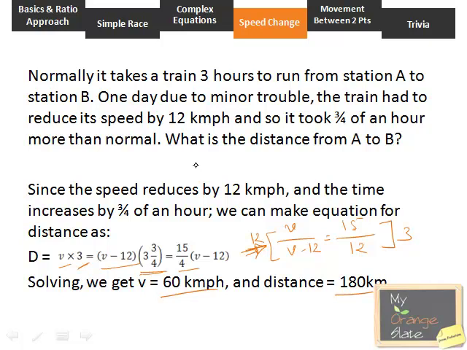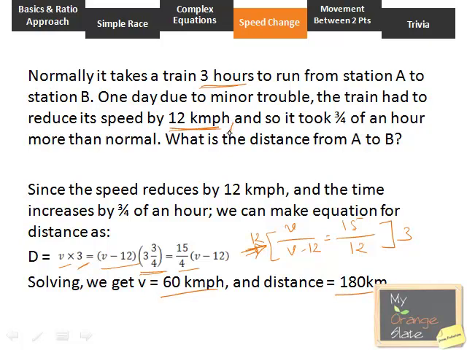But friends, as I normally suggest, we should try and solve questions without any need to write down. Now in this question, if we focus on the values given in the question, normally it takes a train 3 hours. One day, due to minor trouble, the train had to reduce its speed by 12 km per hour.